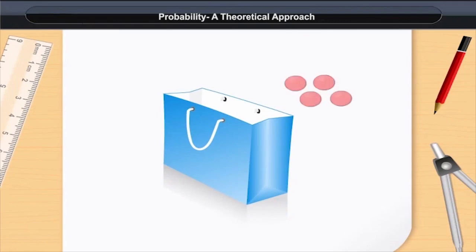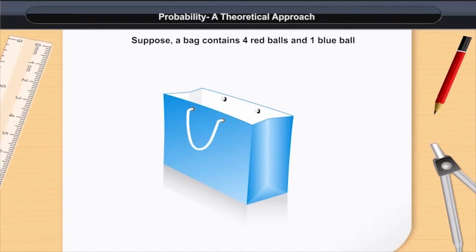Example of not equally likely outcomes. Suppose a bag contains 4 red balls and 1 blue ball, and you have to draw a ball without looking into the bag. What are the outcomes? Will the outcomes of getting a red ball and a blue ball be equally likely?